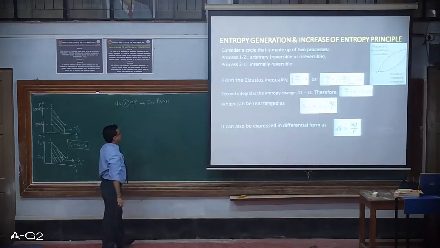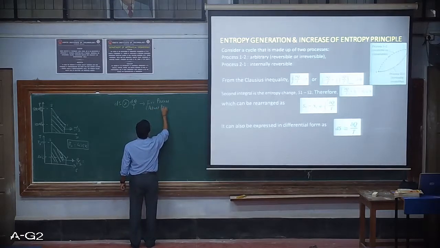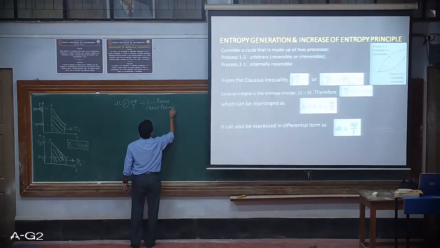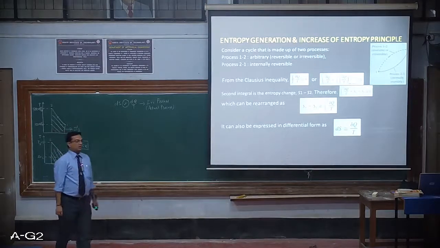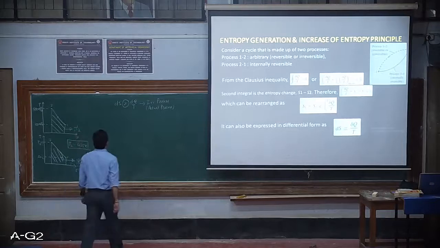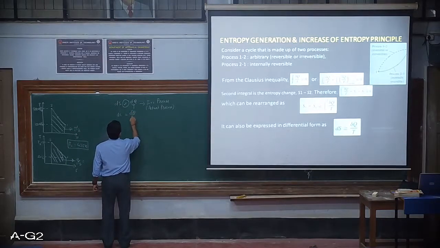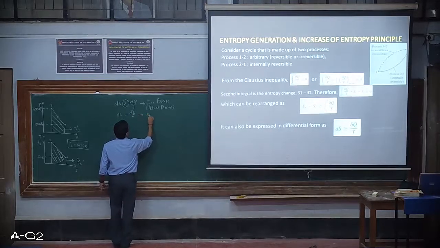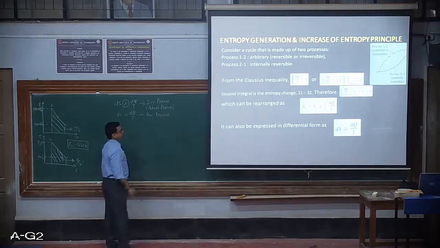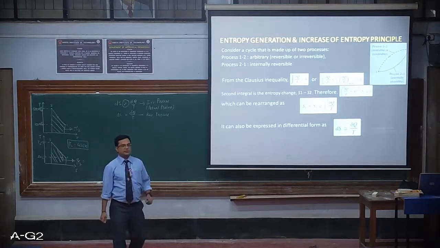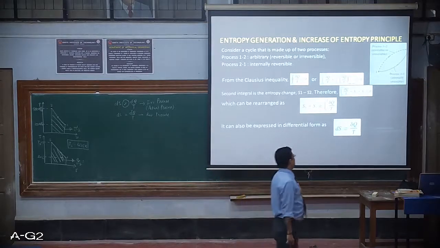This is an inequality, or it can be for an actual process, as no processes are reversible in nature, all are irreversible or actual processes, and ds is equal to delta Q by T for a reversible process. And we know the difference between reversible and irreversible is because of the irreversibilities that are present.